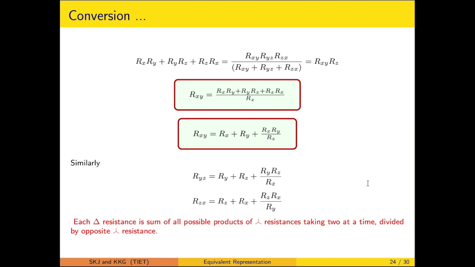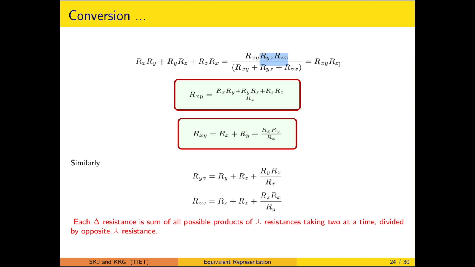Now here you can easily make a comparison of what we calculated. This particular term comes out to be Rxy, which is a separate term, and we calculated previously the Rz, because that was the product of the two adjacent delta resistances divided by the sum of the three delta resistances. So that is substituted.